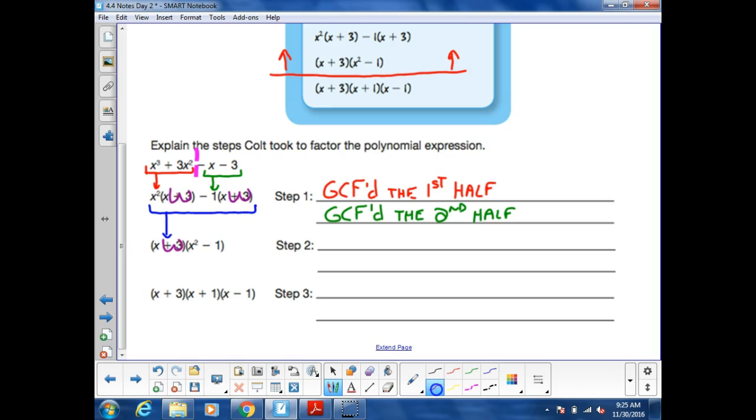What did he do? He did not combine like terms. It's 3 letters, people. GCF. He GCF'd. Okay? He GCF'd again.